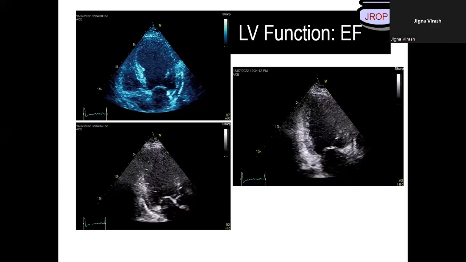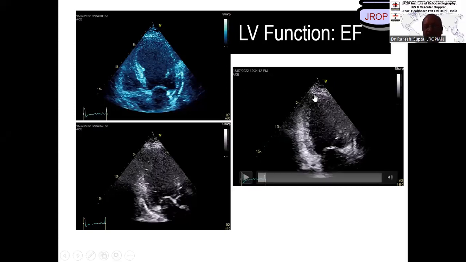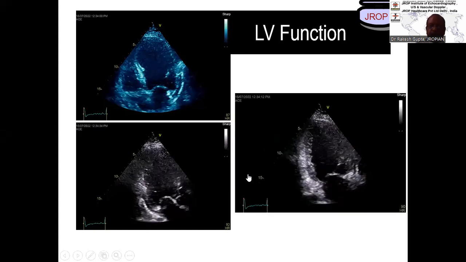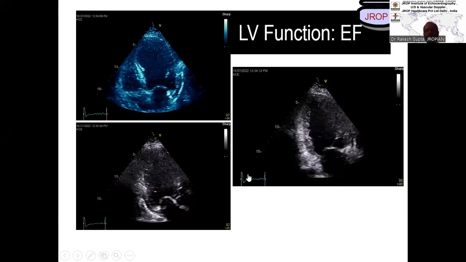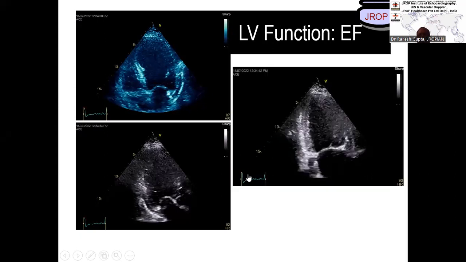Mid, basal and apico anterior, and here we should see the whole of the anterior wall and the inferior wall. Yes, sir. So concentrate on the apical inferior wall over here. Is it contracting?